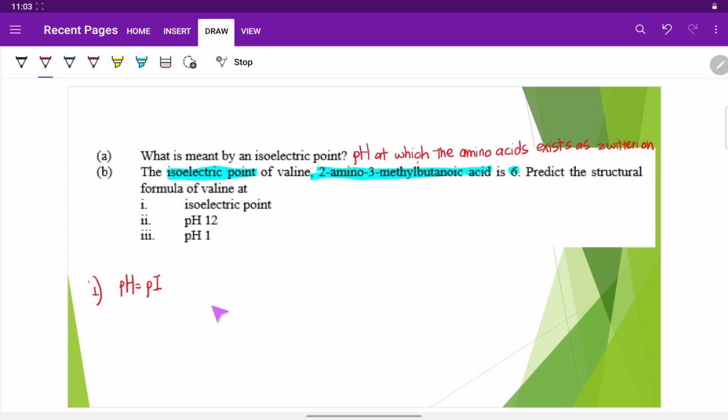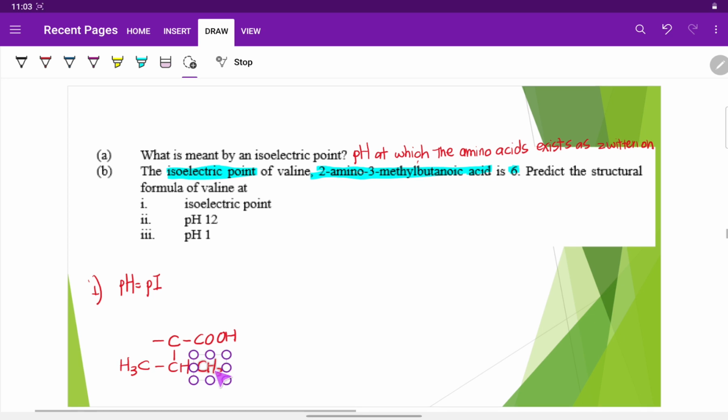So COOH, and then butanoic acid, so 1, 2, 3, 4. So methyl butanoic acid 1, 2, 3. Okay, so dekat sini ada lagi satu. So CH3. So yang ni awak boleh rapatkan, dekatkan sikit.